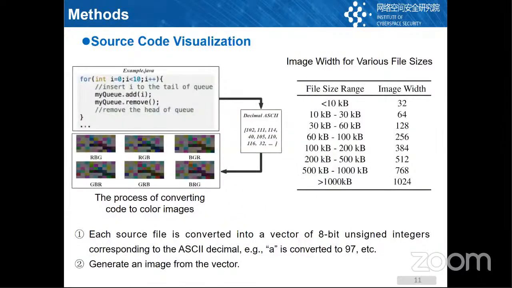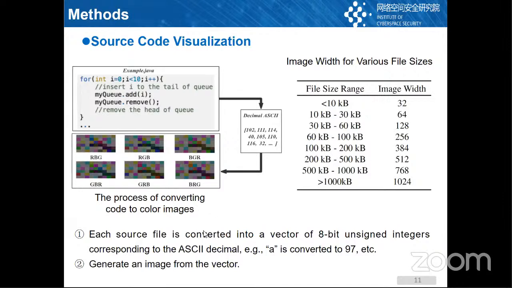In the source code visualization, we can see that 6 different kinds of images are constructed from one original file. This is because we apply a data augmentation mechanism to improve the data quality.